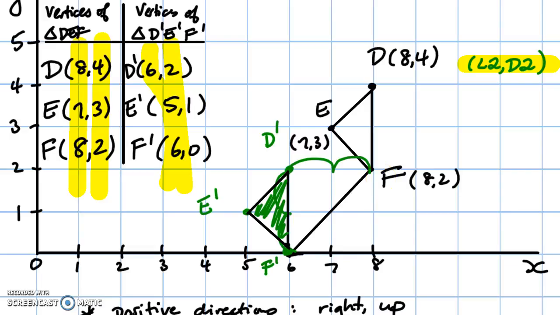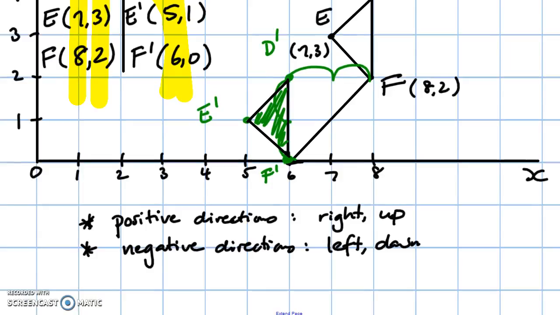Make sure you note what the pattern is so that you are able to predict the location of a point on an XY coordinate grid given a translation rule without actually having to translate it. Positive directions are right and up. Negative directions are left and down.